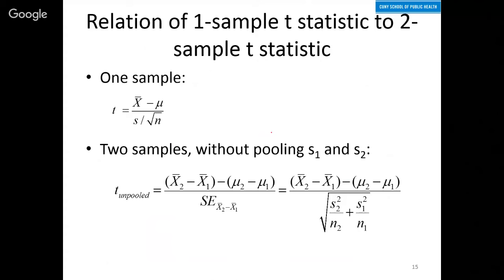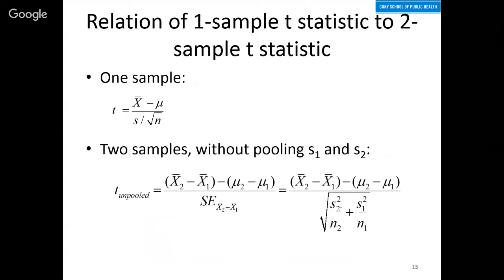So here, that was the z statistic. With the t statistic, it's the same thing, just using the s's. All right, so the t statistic and the z statistic look almost the same as in the one sample case, just with this special formula for calculating the standard error.